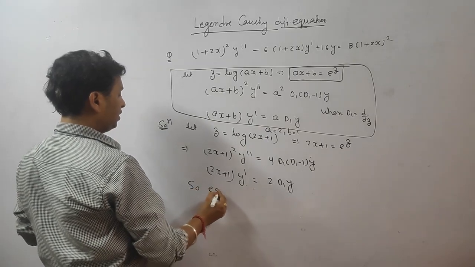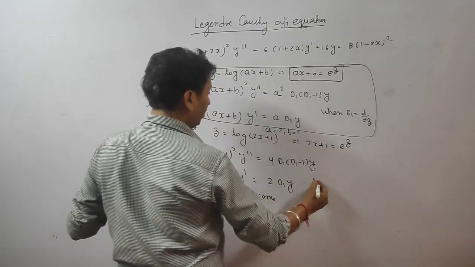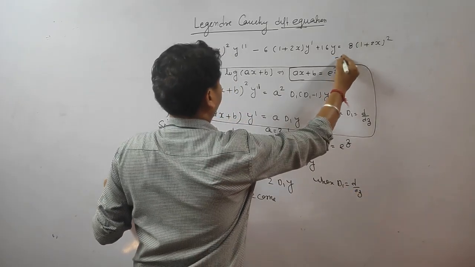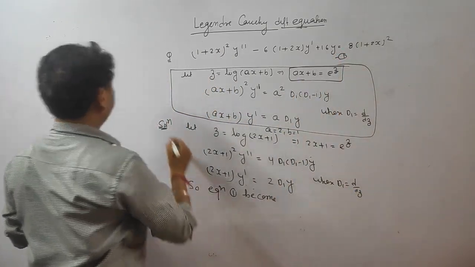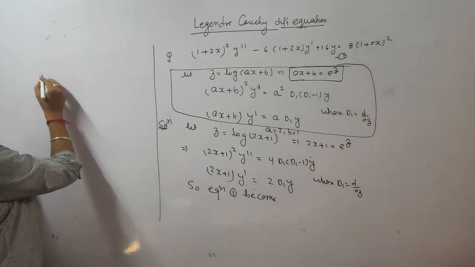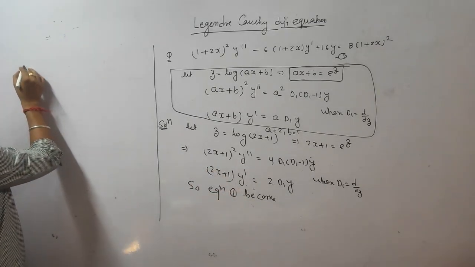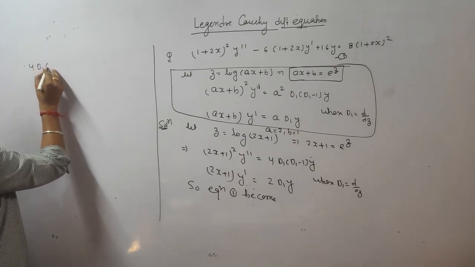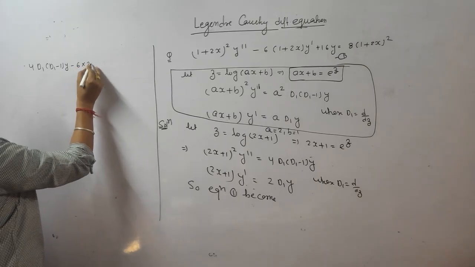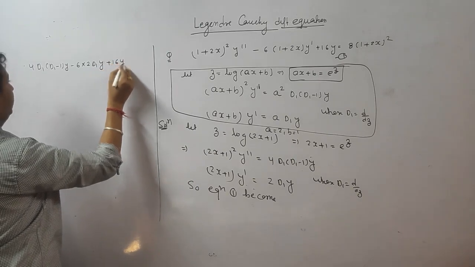So equation 1 becomes, where D1 is nothing but d by dz, 4 D1 (D1 minus 1) y minus 6 times 2 D1 y plus 16y. This is the left hand side.